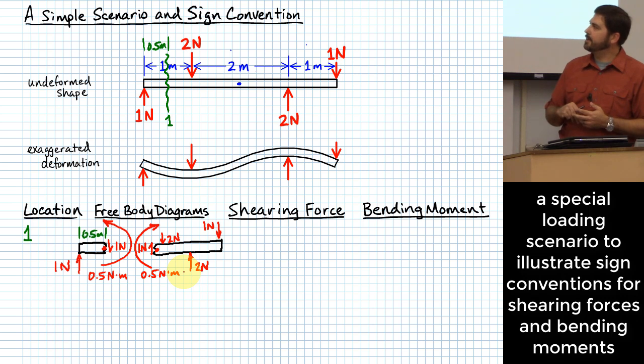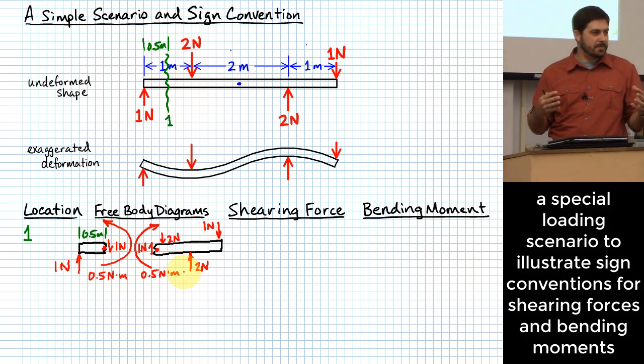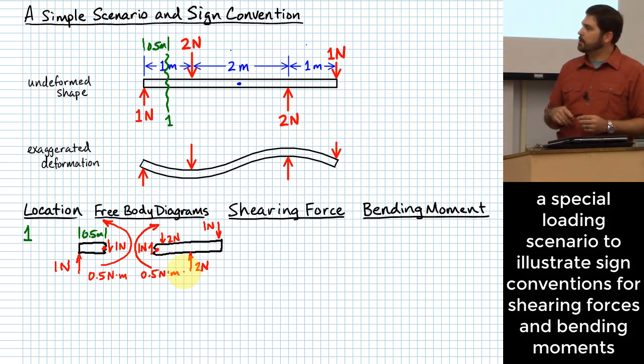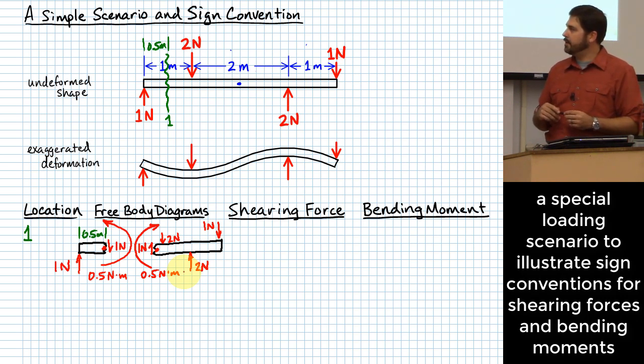And then 1 times 3.5. And if you add all that up, it ends up being a half a Newton meter, just like we would expect going that direction. Okay? So, all that's kind of interesting. It lets us see what those free body diagrams would look like together if I made that cut at location 1.